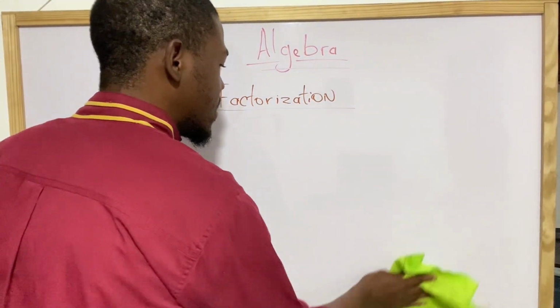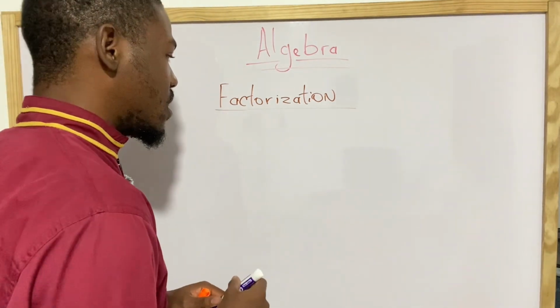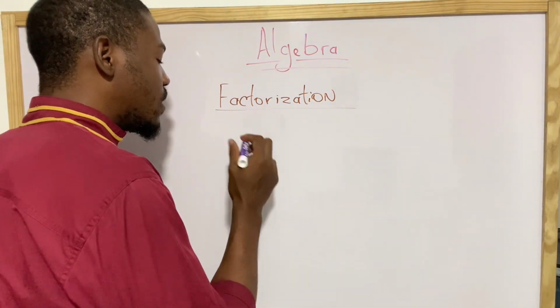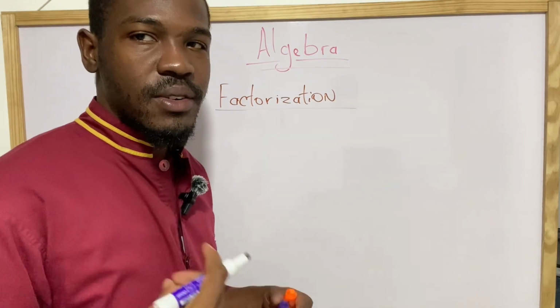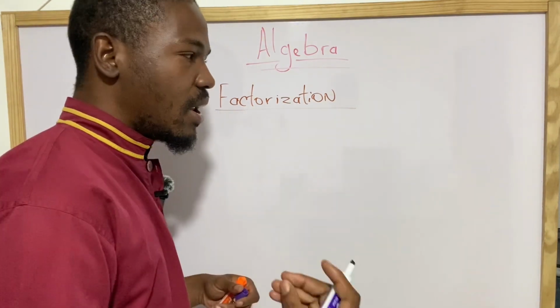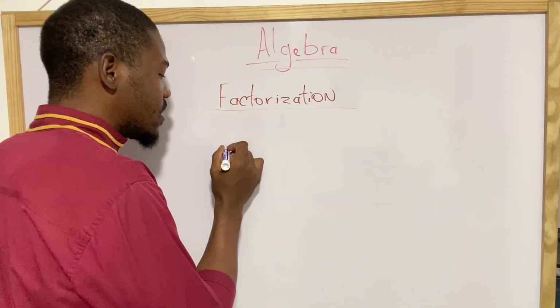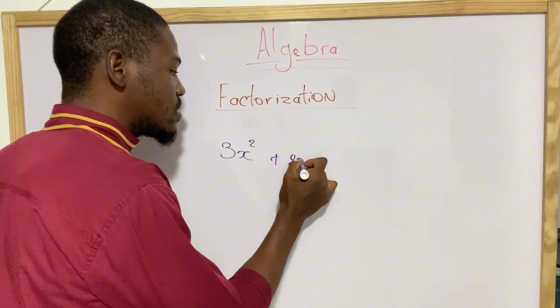Now if you realize I just put some work on the board with 2x plus 5x. I just want to talk about something in algebra: you cannot add or subtract unlike terms. An unlike term in algebra is given as 3x squared plus 2x.